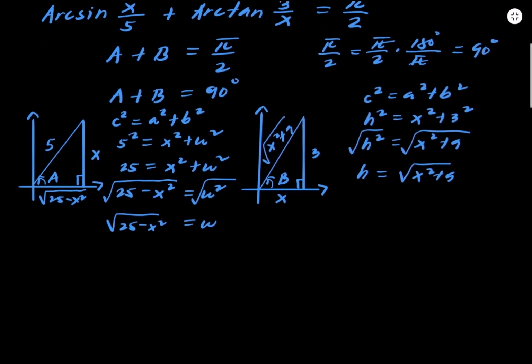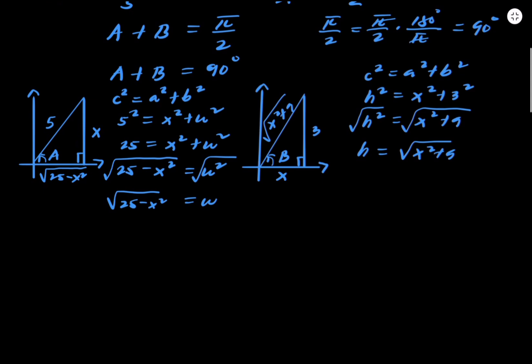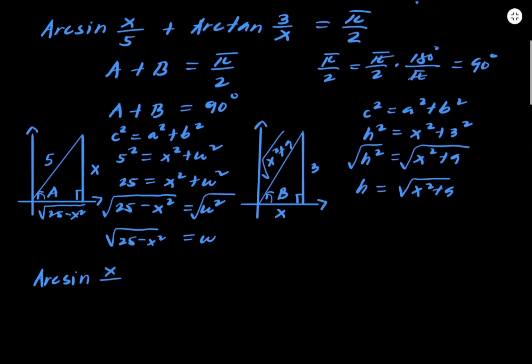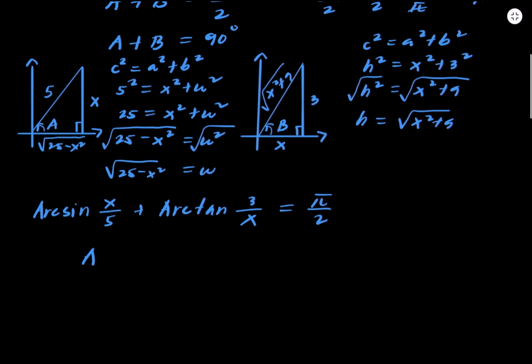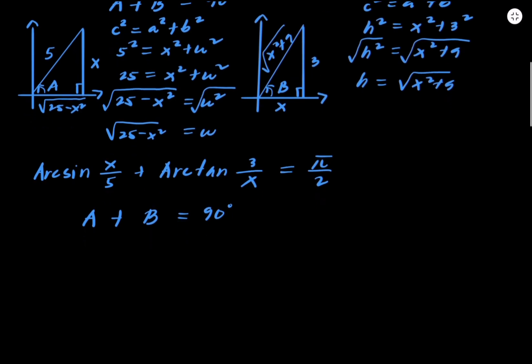Now, the given equation is arc sine of x over 5 plus arc tangent of 3 over x equals pi over 2, right? Which is 90 degrees. And we let A be equal to the arcsine and B be equal to the arctangent. So we will be using 90 degrees. Now, to solve this equation, we need to use a trigonometric function.